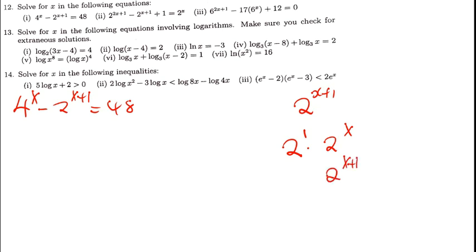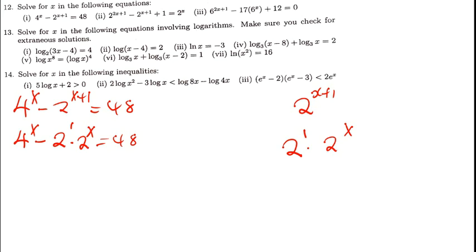So I have to reverse it, I take it back to this. So I'll say it is 4 raised to the power x minus 2 raised to the power 1, also times 2 raised to the power x, to be equal to 48.